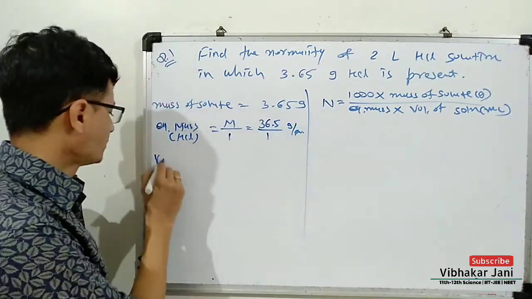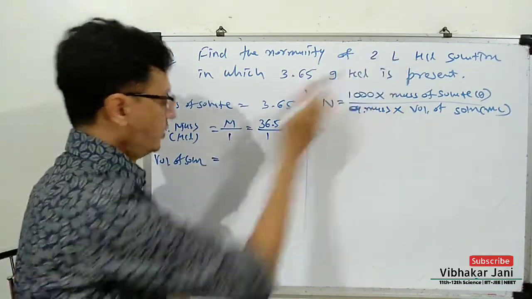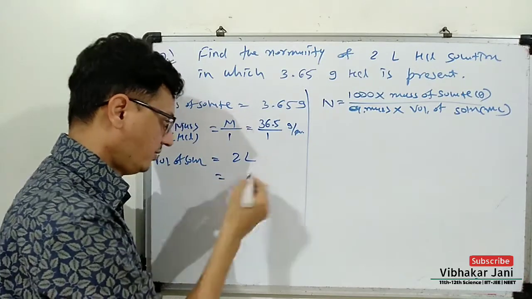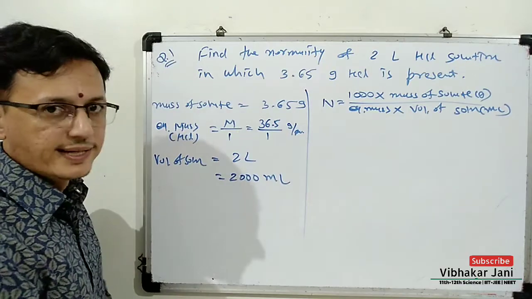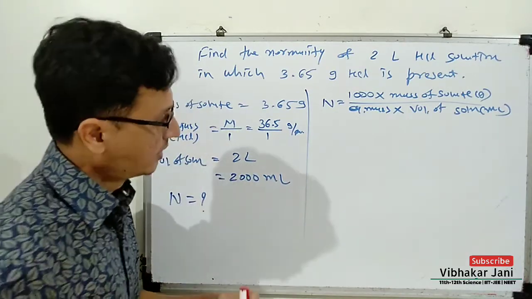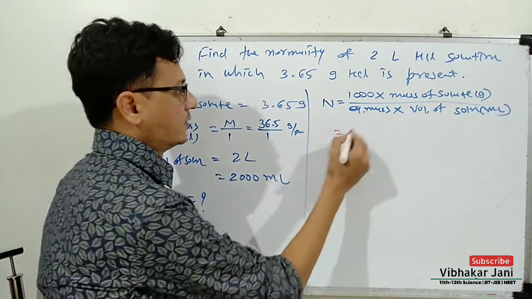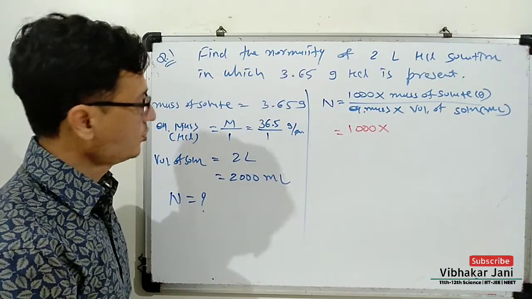And volume of solution, that is 2 liter, and if we convert it into milliliter, it is 2000 milliliter, and we are asked to find the value of normality. Now let us put the values. So 1000 as it is multiplied by mass of solute.